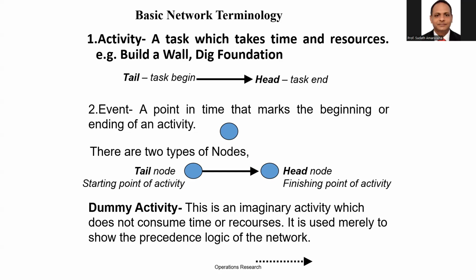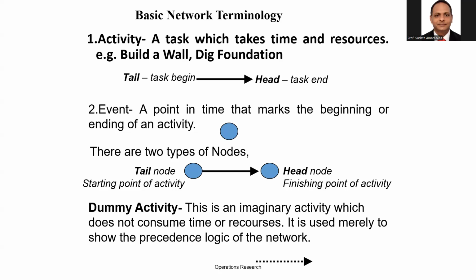Another important term is the dummy activity. If you go shopping in front of showrooms, you can see dummies wearing saris, frocks, shirts, trousers and so on. Some people go to touch them, thinking it's an actual lady. No, that's a dummy.